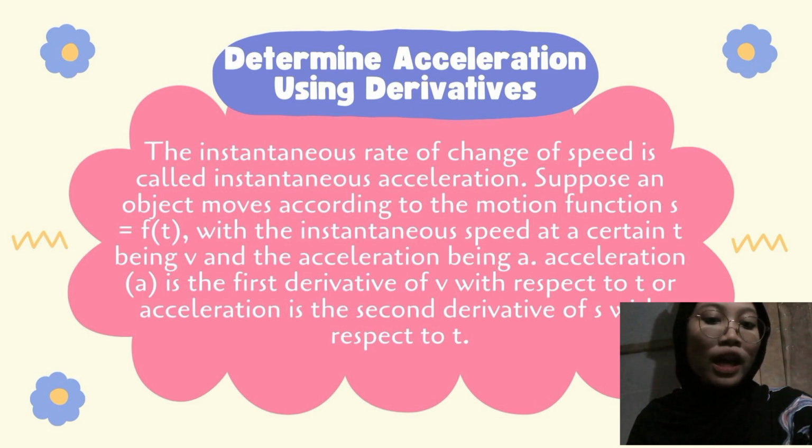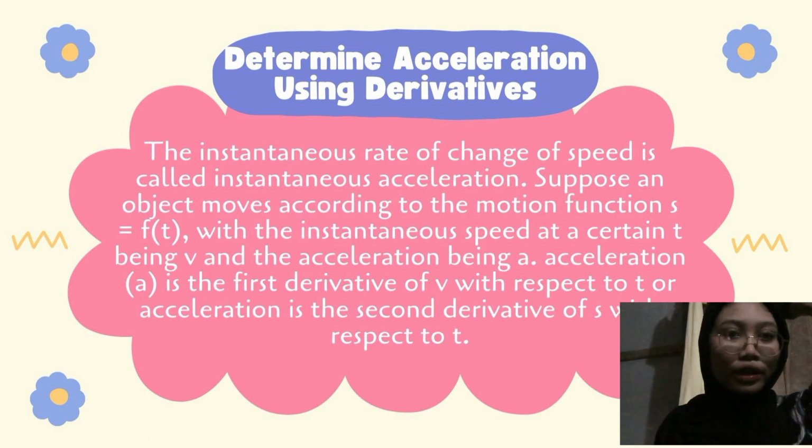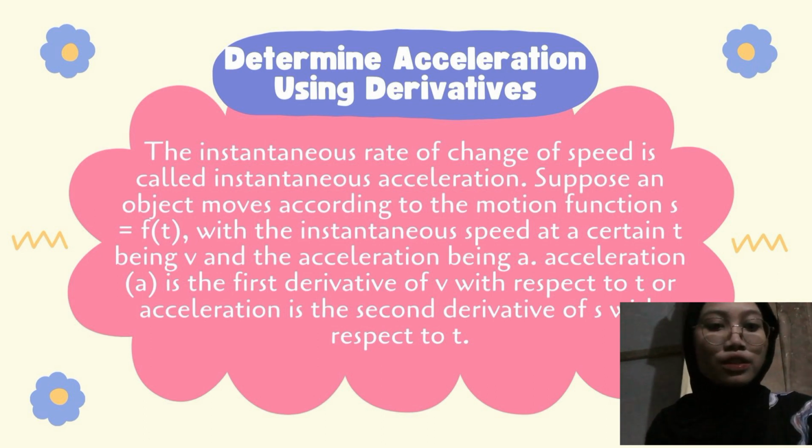Suppose an object moves according to the motion function s equals f(t), with the instantaneous speed at a time t being v and the acceleration being a. Acceleration a is the first derivative of v with respect to t, or acceleration is the second derivative of s with respect to t.